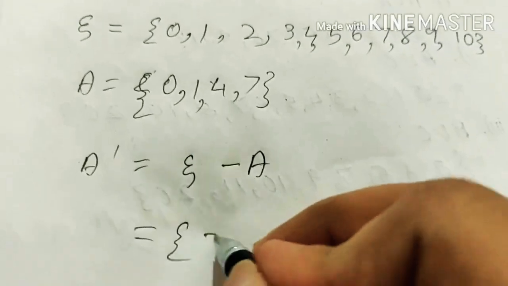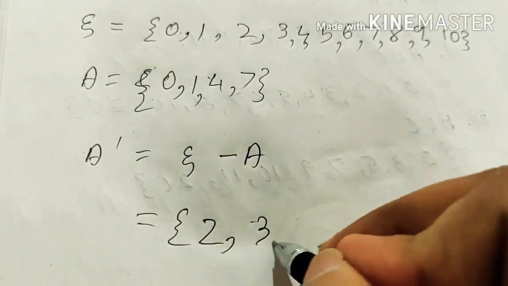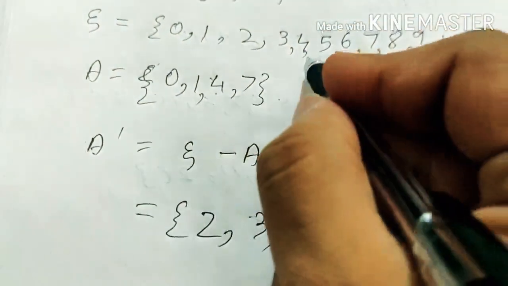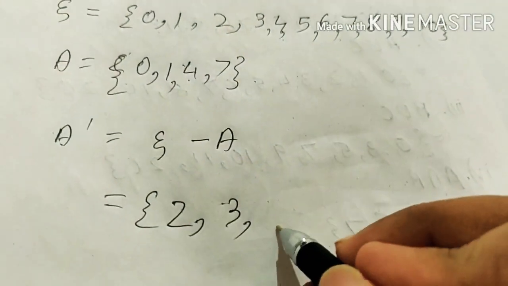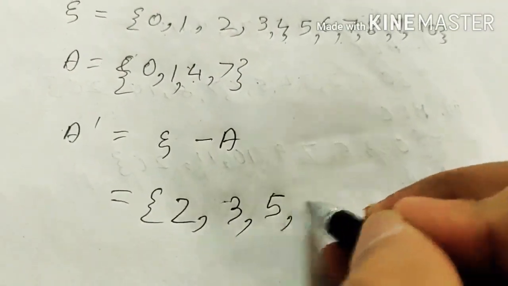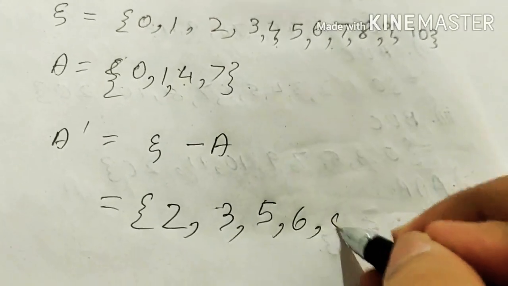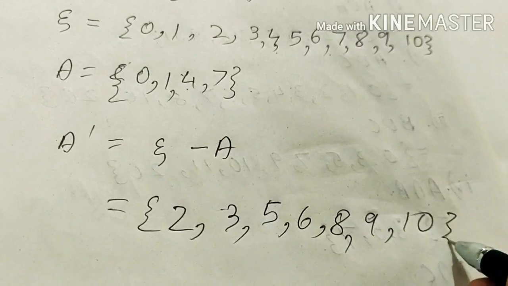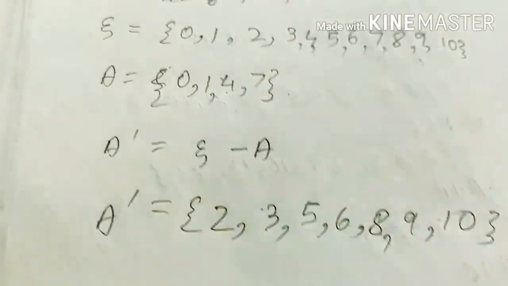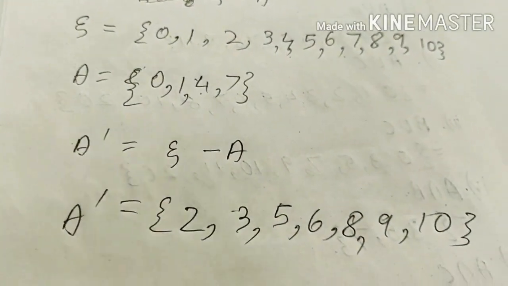Then 2, 3, then 4 is also present here, 4 is also eliminated. Then 7 also. So 2, 3, 4 is eliminated, 5, 6, 7 is eliminated, 8, 9, 10. This is A complement. What next?